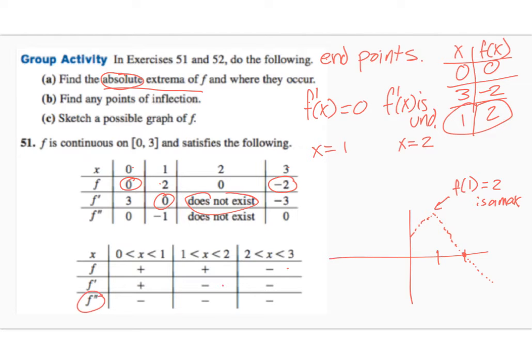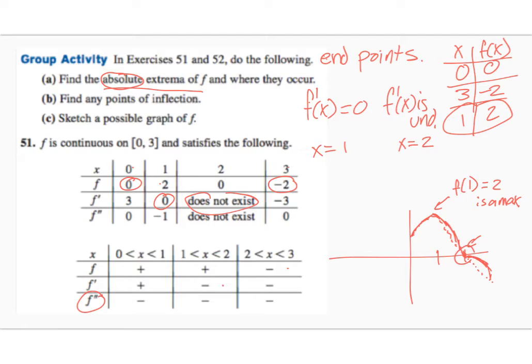The second thing that we've got is f double prime. So this tells us this is concave down. It's going to have some kind of a shape like this. And then still concave down here. So this could be something like this. That might be why we have an issue there for our derivative. But that's also not really something going on as far as a max or a min, so we don't really care.